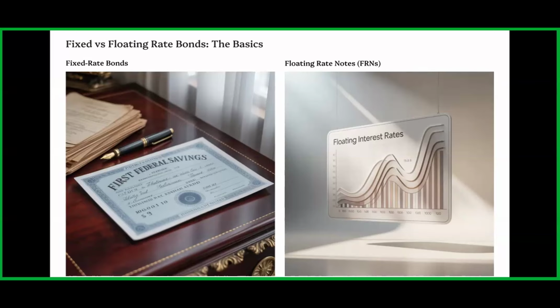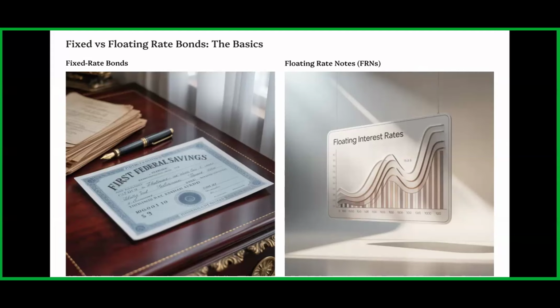What is the meaning of these two types? Fixed rate bonds are issued at a fixed interest rate or fixed coupon rate. At the beginning of the bond, the company and the investor who gives the loan mutually decide the interest rate or coupon rate, and that is fixed till the maturity date.